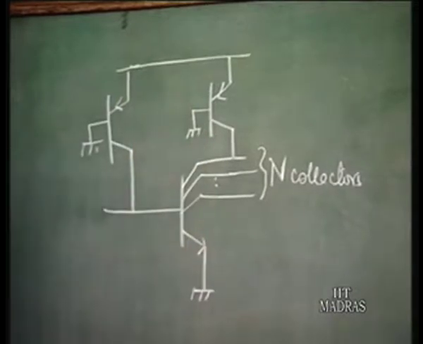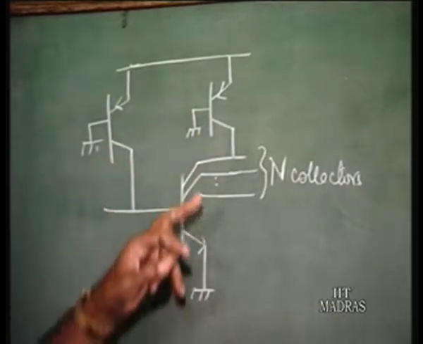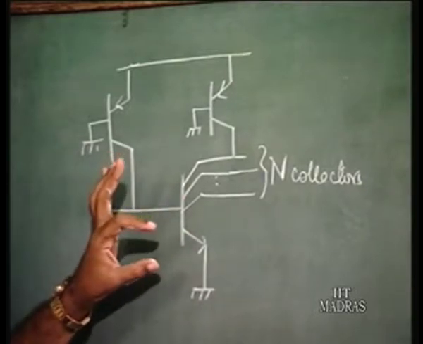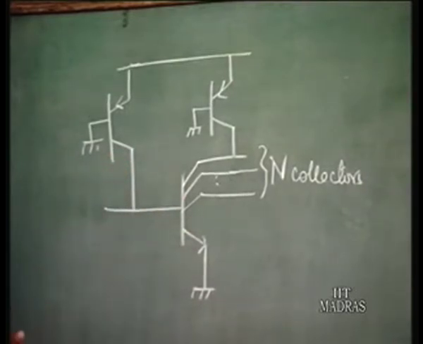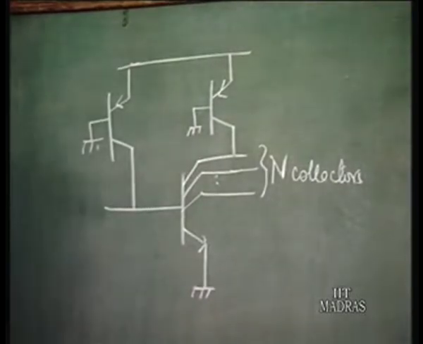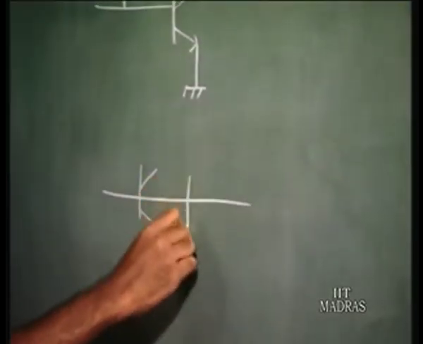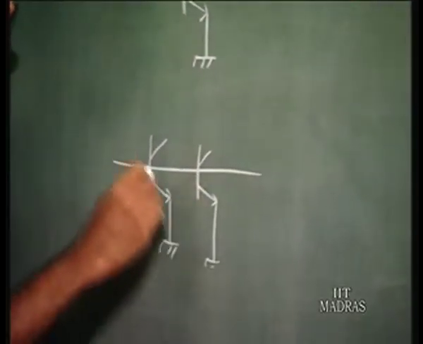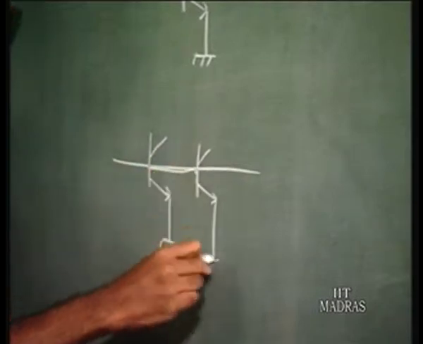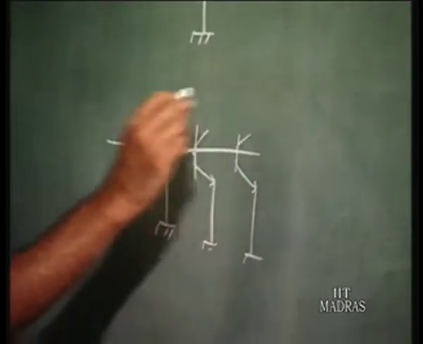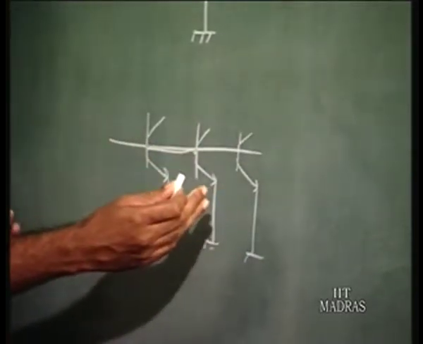And as we had said, we will assume that this multi-collector transistor, having n collectors, is actually n transistors in parallel, that is, the base and emitter are in parallel, the bases are all shorted, emitters are all grounded, and they just have separate collectors. So basically they are n transistors.